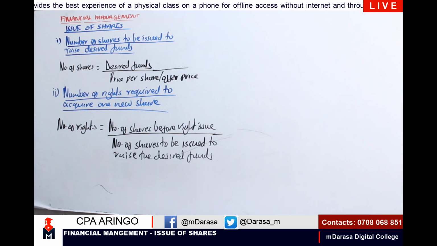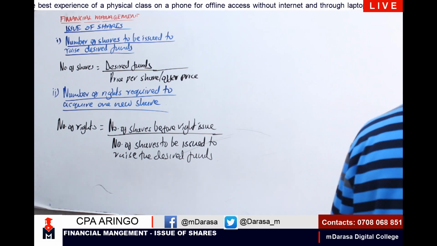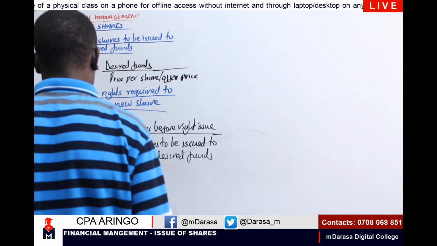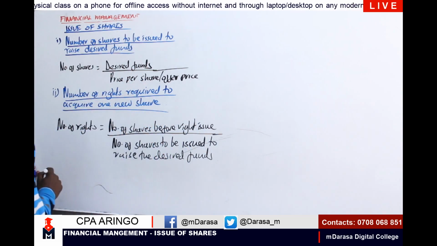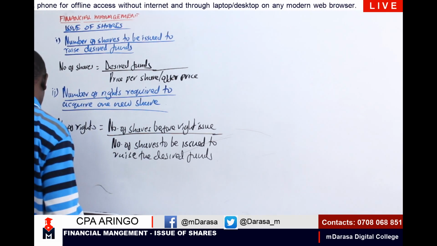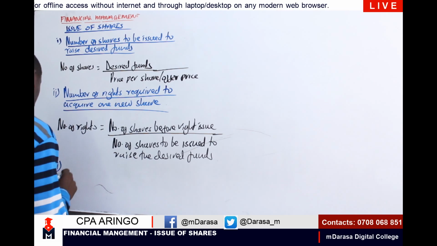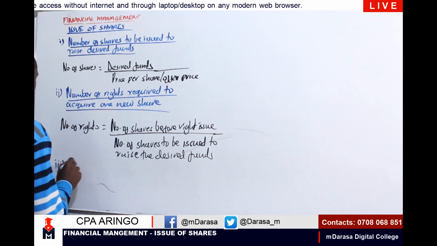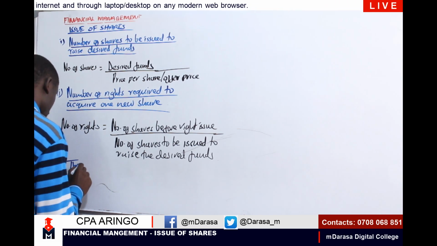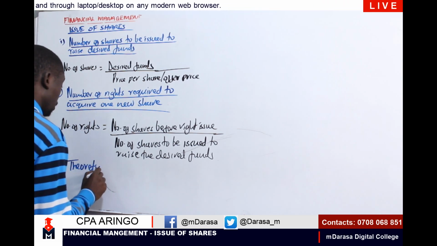Proceed to element number, that is, we've looked at that. Now proceed to number 3. How to determine theoretical ex-right price.